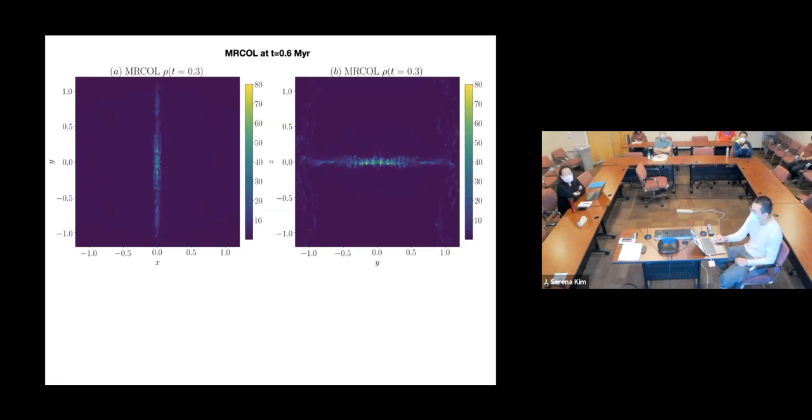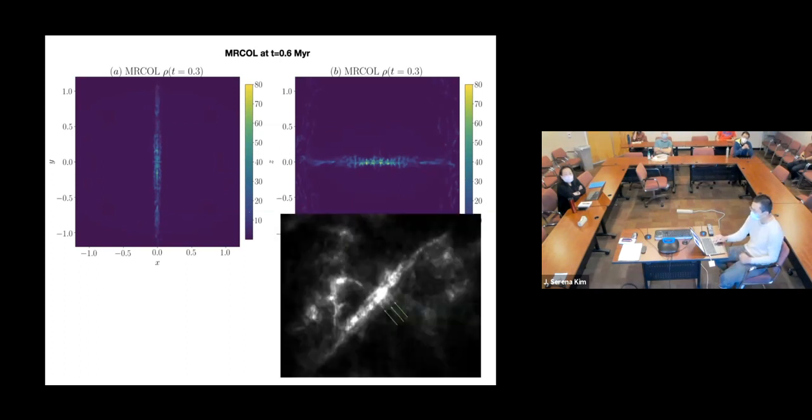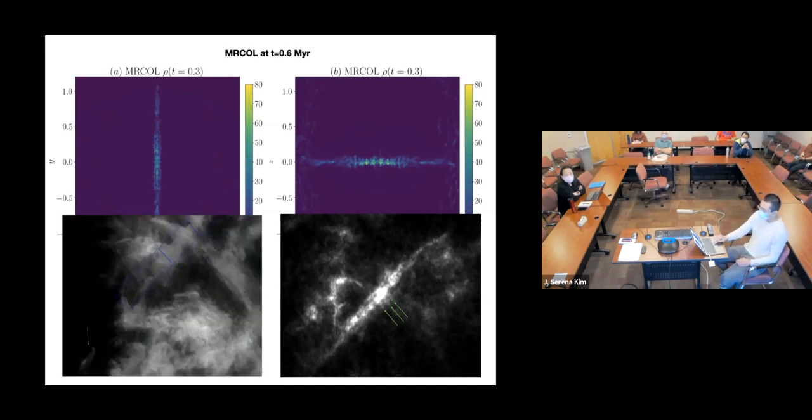If we compare that with the observation, first we compare with the integrated intensity map. This is just one CNC. Notice that you have some spikes in the side of the filament. That just looks like that, but that's just one thing. The other thing is, previously you already saw the C18O map.